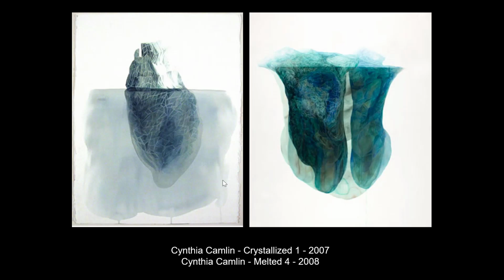When Cynthia Camlin is making paintings about climate change with icebergs as a subject matter, that makes sense both as a subject matter, but also in terms of how she's using that analogous color harmony to get us to understand the complexity of the issue, that there's a lot more going on below the surface. It also makes sense that she's choosing watercolor because we have that sense of washy, dissolving aspects to it.